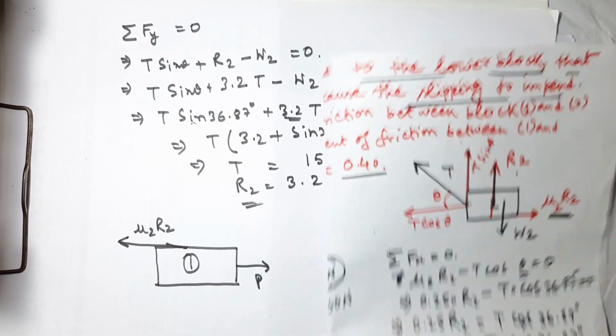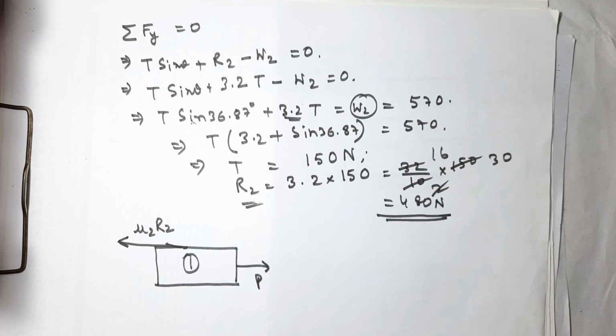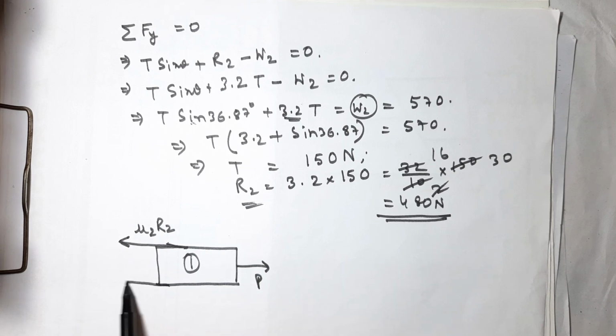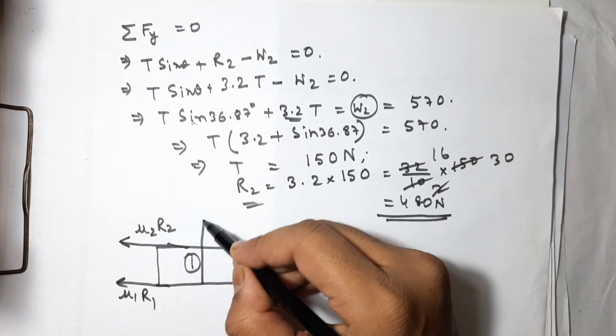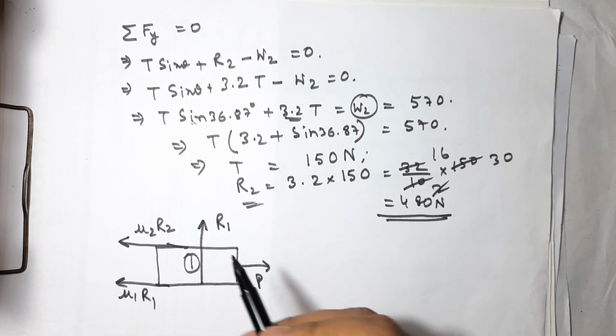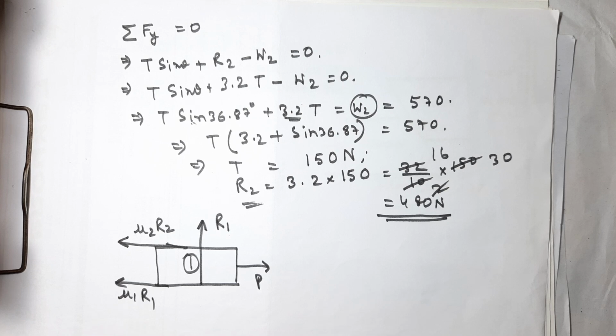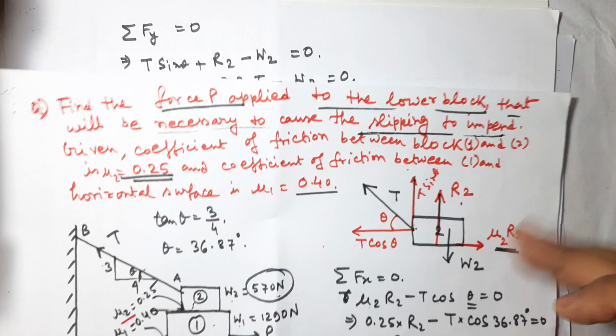Okay, so see now if you have understood, this one is your mu1 R1, because the horizontal surface is giving a normal reaction R1, so mu1 R1. And R2 means what?